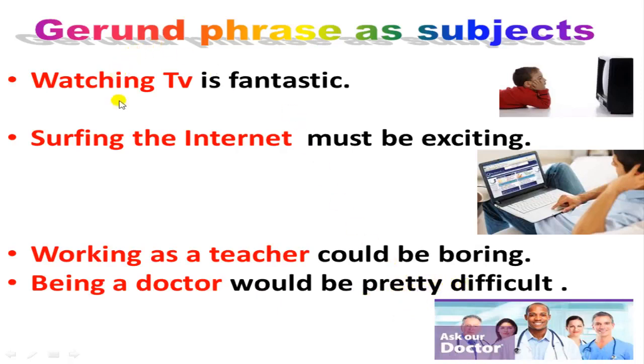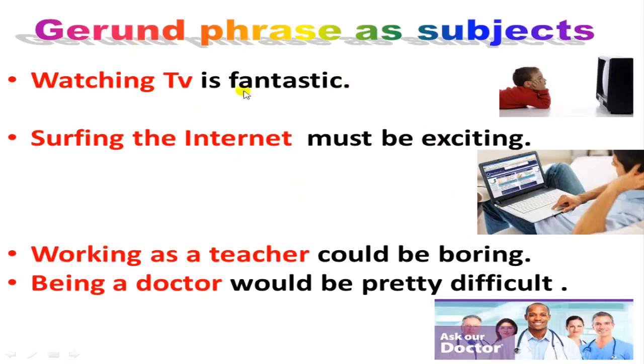So here you have gerund, verb plus ing. Watching, surfing, working, being. Phrase means two or three words. Watching television, surfing the internet, working as a teacher, being a doctor. And all of these are subjects. Then verb: is, must be, could be, would be, and adjective or object.